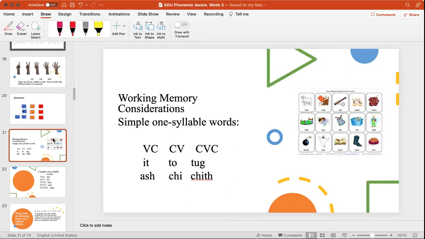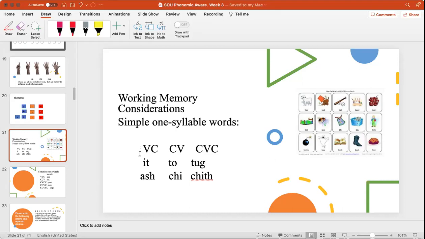Another type of simple one-syllable word is a consonant and then a vowel, like the word to, T-O, or chi, ch, E. CVC, consonant, vowel, consonant, is t, g. That's a really simple one. But how about chith, where it has two consonant digraphs, one at each end?